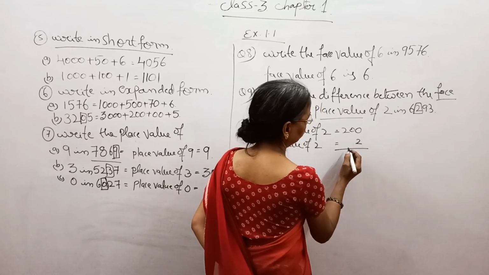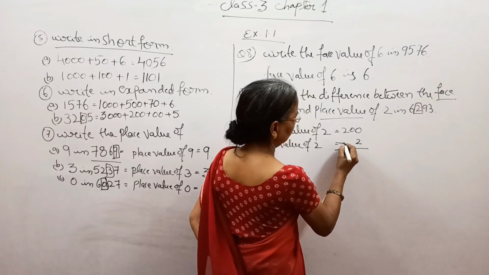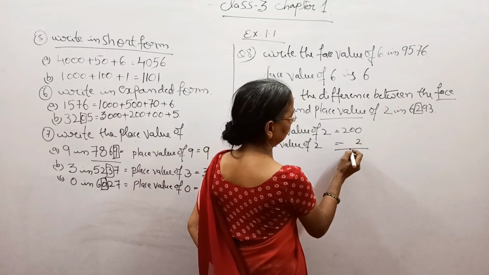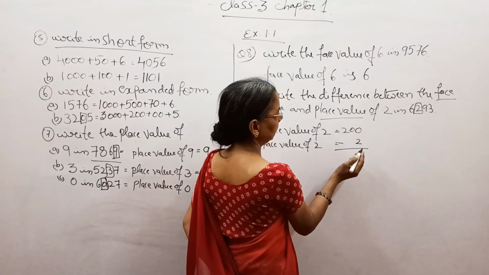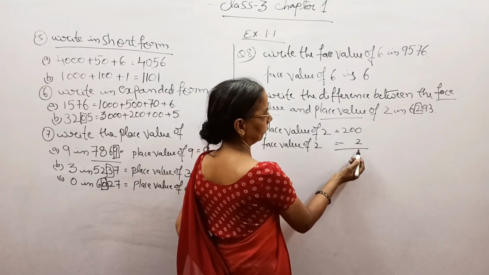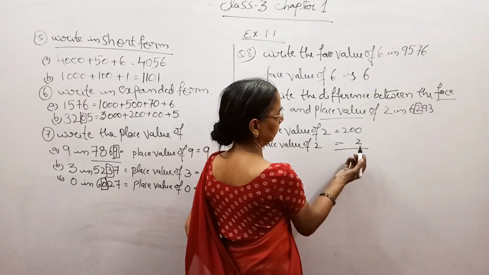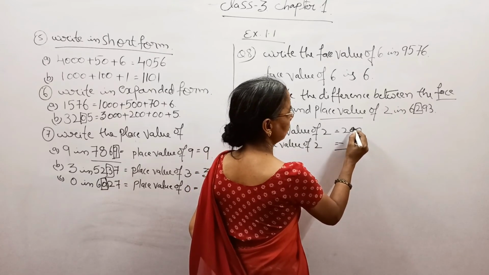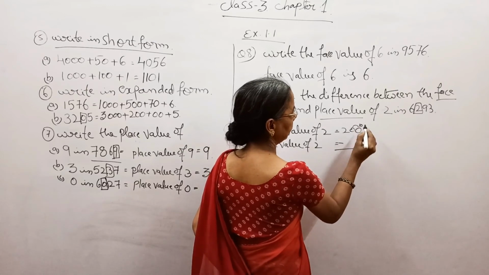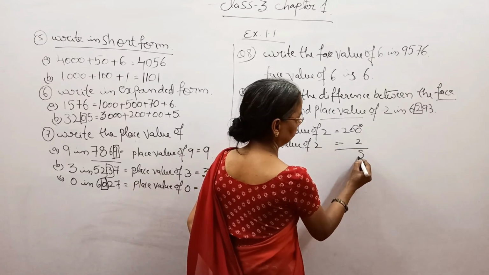Then we have to write it. We have to take the difference of these two numbers. So here we have to subtract. So 0 minus 2, we cannot deduct it, then we have to borrow. It is 10. 10 minus 2 is 8.